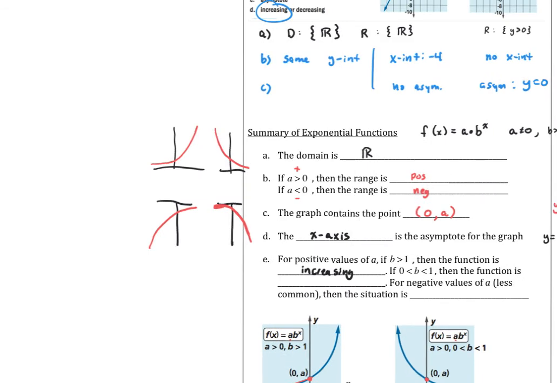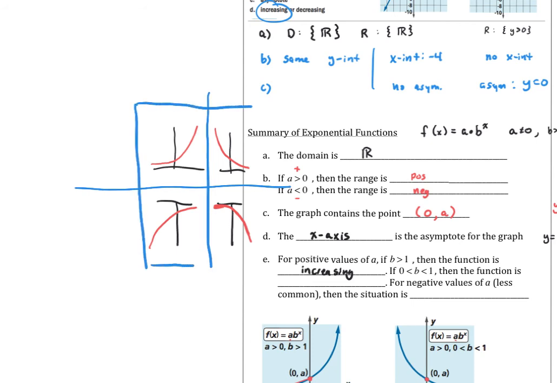All right, so in fact, we could break this down a bit right here. This one is b is greater than 1, and this one here is a is greater than 0, and a is less than 0.